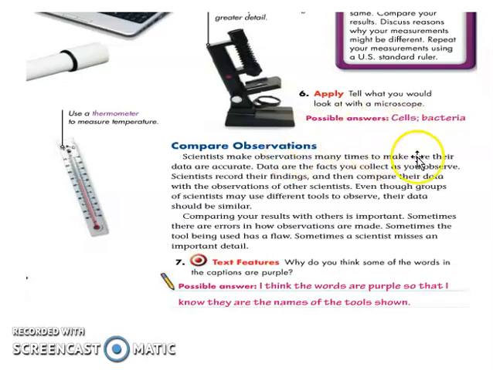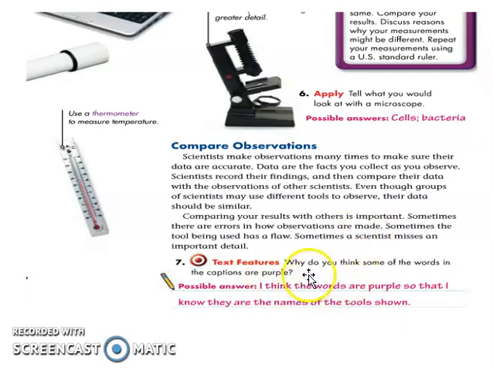So if they want to compare, they could use a microscope. Same also with the bacteria. The bacteria that you could find in your hand is different from the bacteria that you could find in other parts of your body. So comparing is very important, and tools and devices will help you to find your answer when you are comparing.